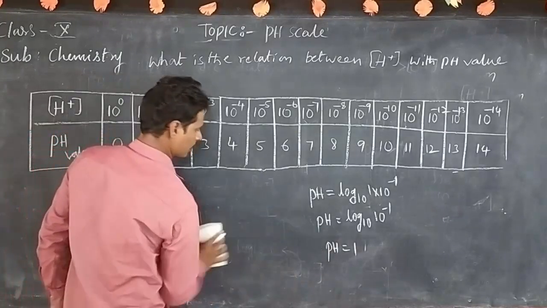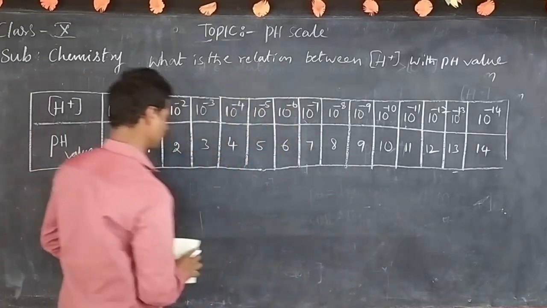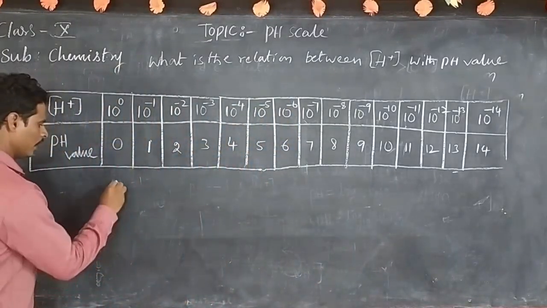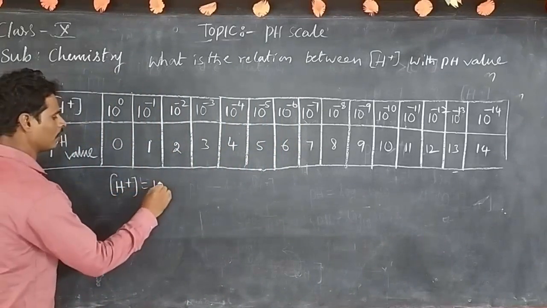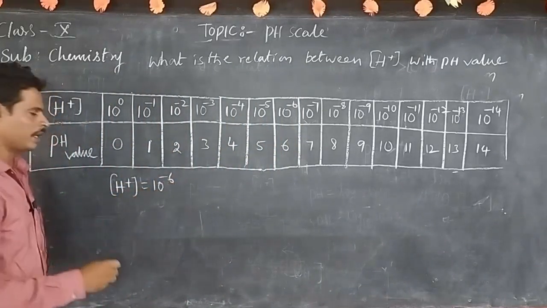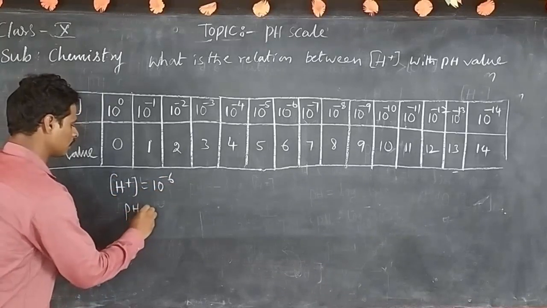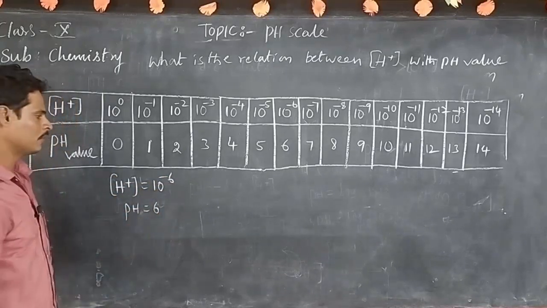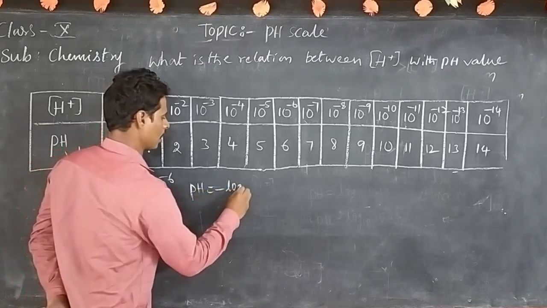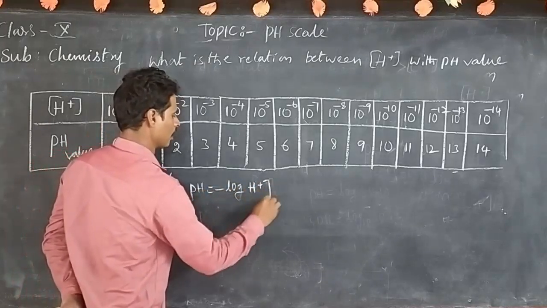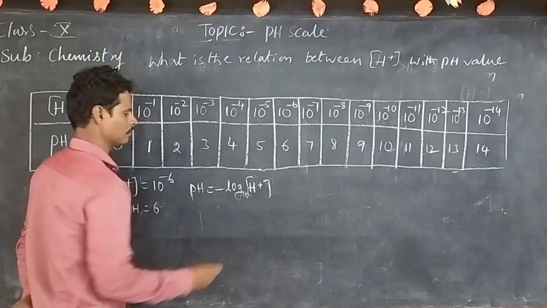Next, another example, observe. H plus ion concentration is 10 to the power minus 6. What is the pH value? pH equals 6. How can you find that out? By using the formula, pH equals minus log H plus ion concentration.